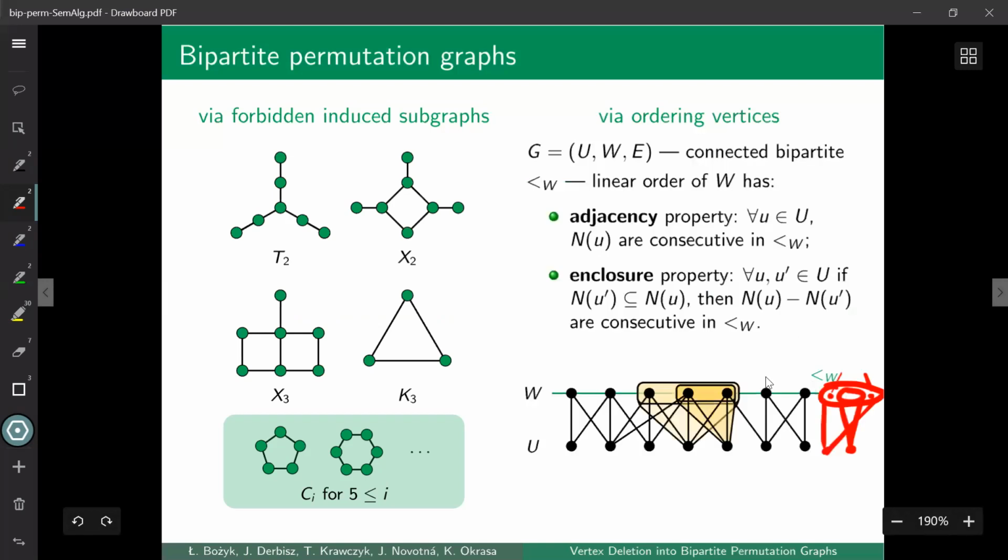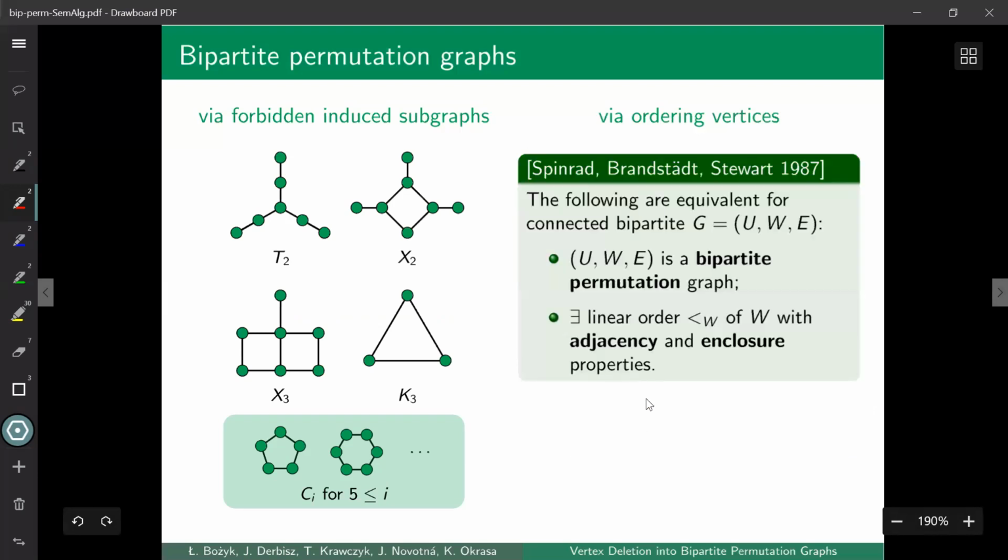So after we sort the vertices in W so that the neighborhoods of vertices in U behave in a nice way, we can do the same to the vertices of U. So we can think of it as a pair of orderings of the bipartition classes.